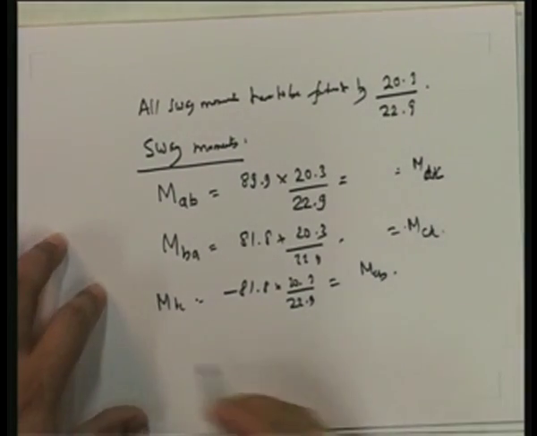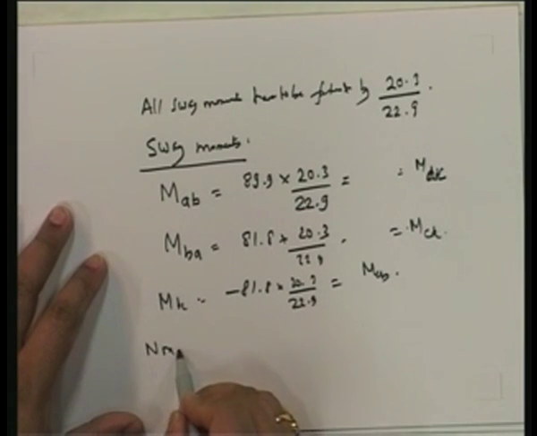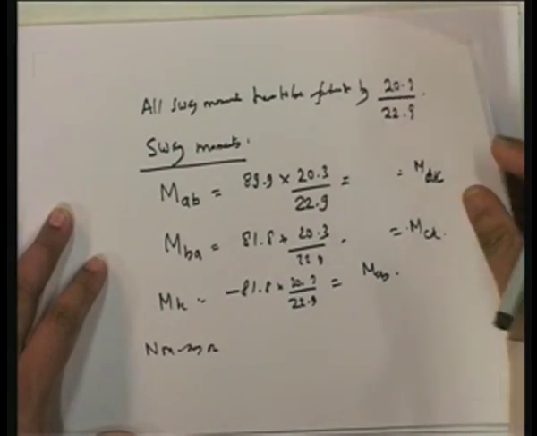So when you add these with the non-sway moments, the final moments, what do they turn out to be equal to? You will get MAB.